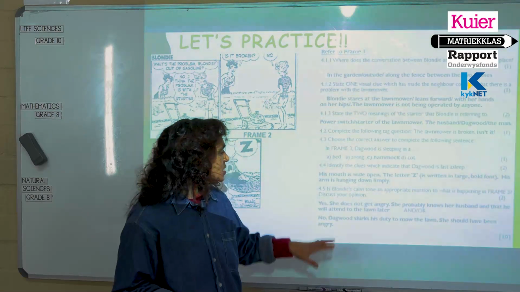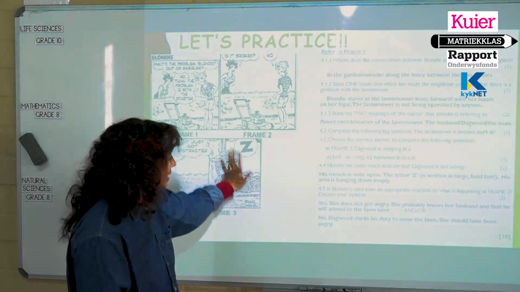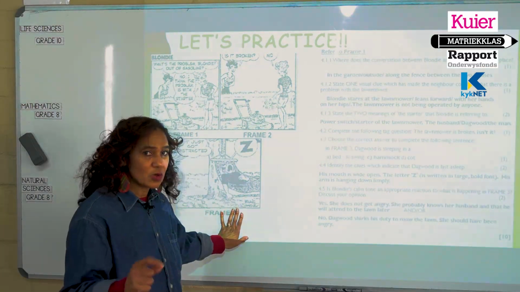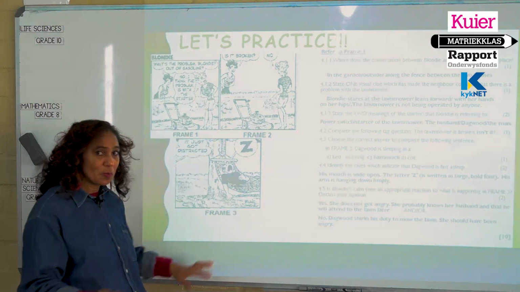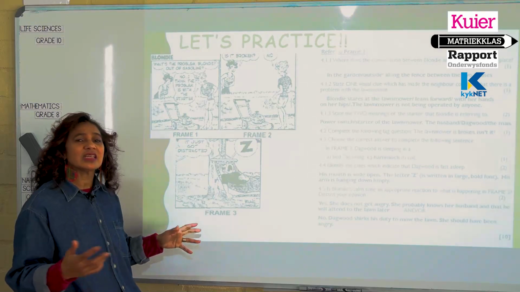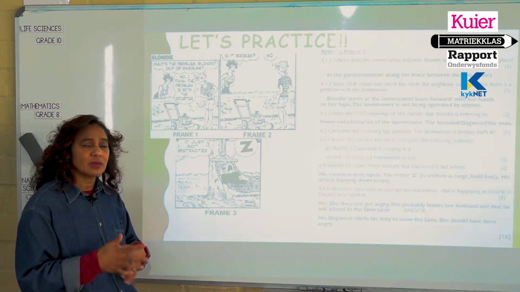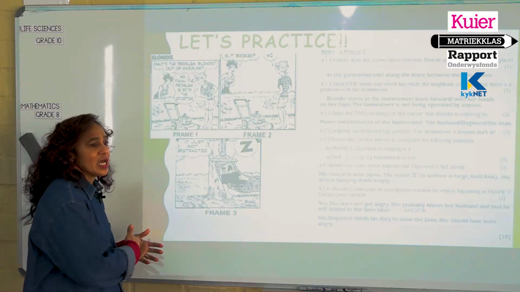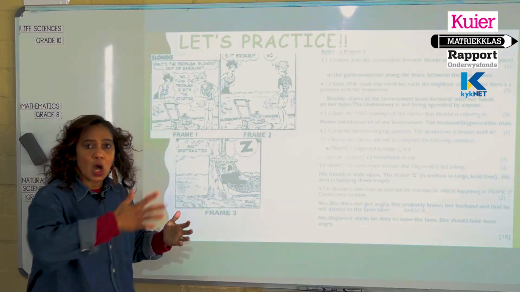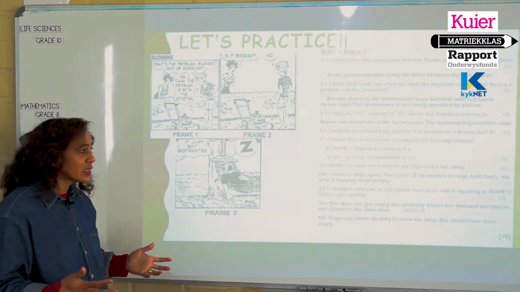That is why the question says, is Blondie's calm tone an appropriate reaction to what is happening here in frame 3? Discuss your opinion. And this is your opinion again. You can say, yes, it's appropriate because she understands that her husband is maybe tired, he has been up all night maybe, or he had already covered a whole space of the lawn, so he's just taking a break.